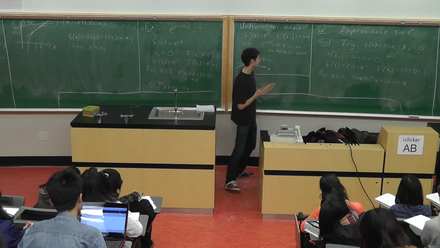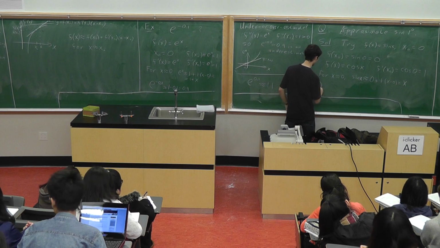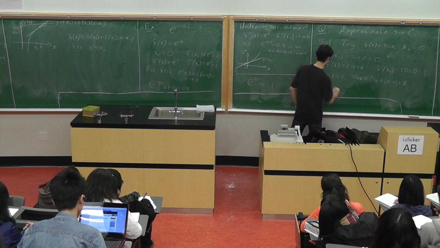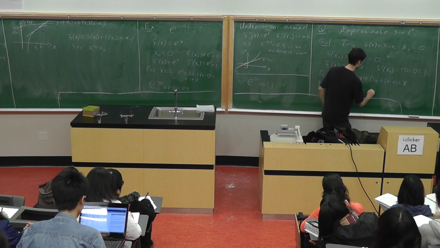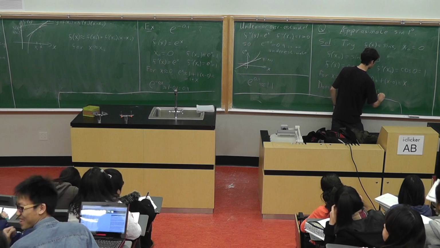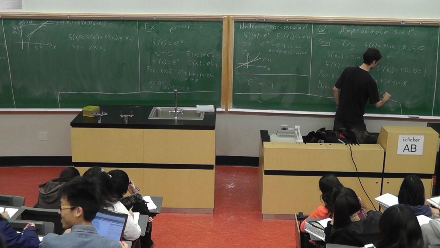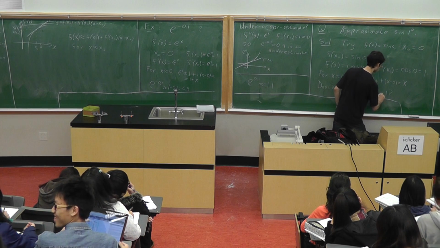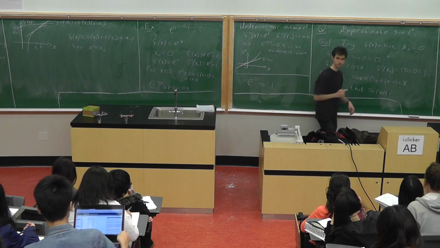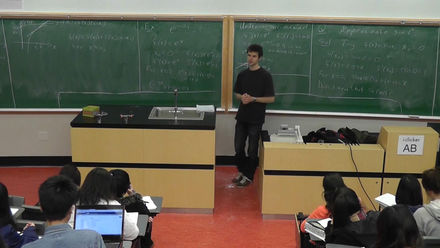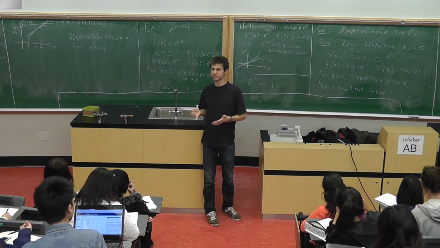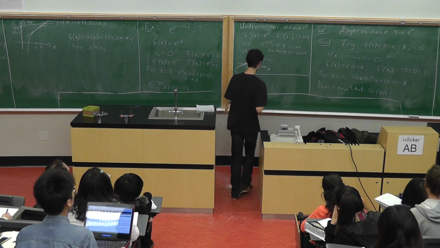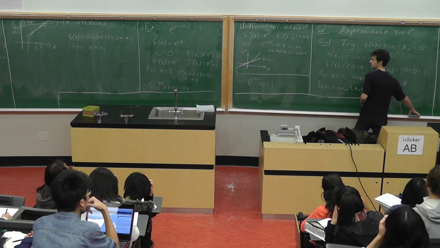Now a question: does this mean that sine of 1 degree is approximately 1? Of course not. It would be ridiculous to think that sine of 1 degree is 1. Think about what the sine of 1 degree is.